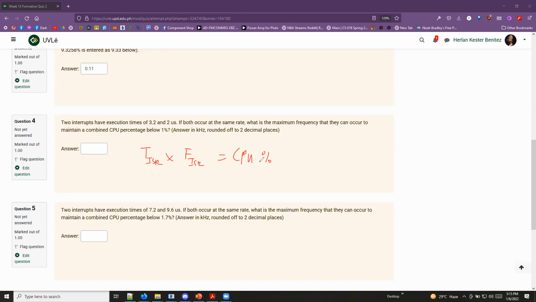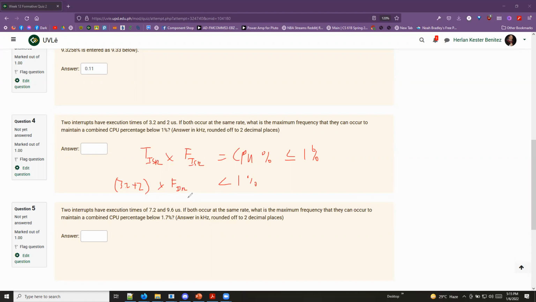So if we want our CPU percentage to be below 1%, and we have execution times that occur at the same rate of 3.2 and 2, what is our F_ISR here?